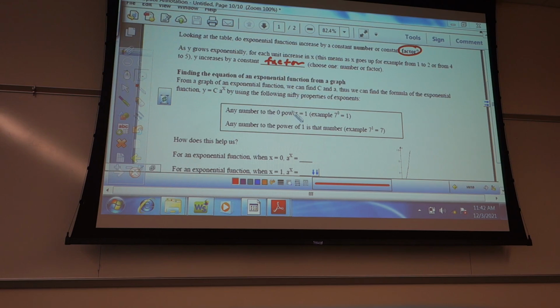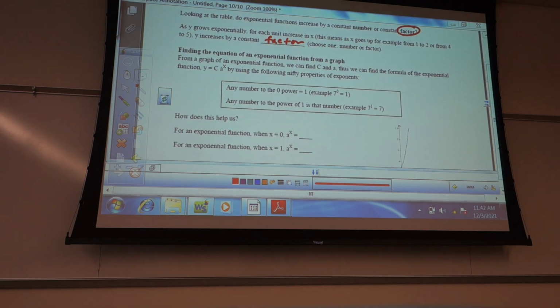So any number to the 0 power is just 1. The second thing we're going to use is any number to the power of 1 is just that number. So 7 to the 1 power is 7. A million to the 1 power would be a million.